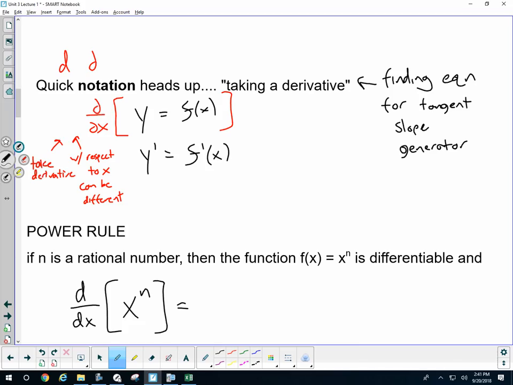But there's another notation that we can use for y prime, and this goes with why we are using d over dx to find these tangent slopes. If you thought of this as a fraction, and I multiplied it by y over 1, you'd have d times y, which is dy, and dx times 1, which is dx.